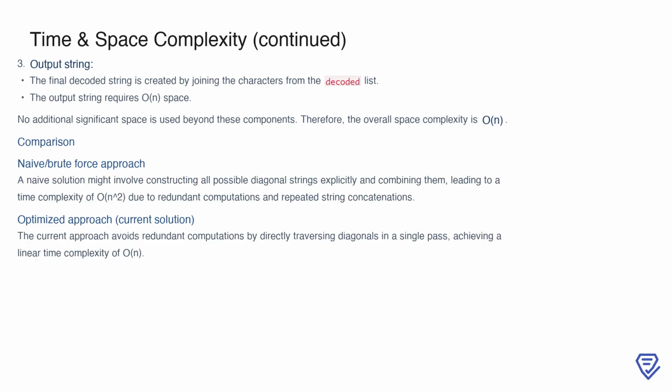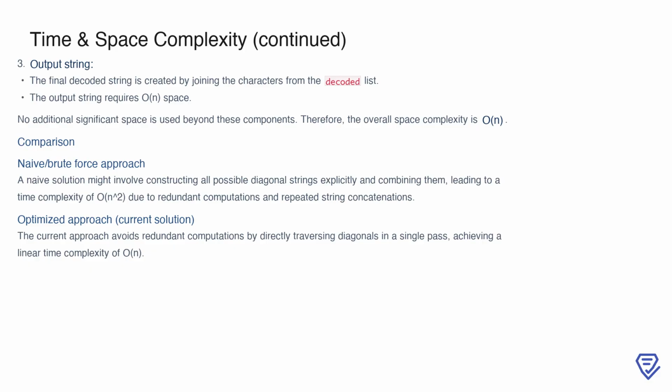Finally, the output string is created by joining the characters stored in the decoded list. This requires O(n) space, as the size of the output string is proportional to the length of the input. No other significant memory is used beyond the grid, the decoded list, and the output string. Therefore, the overall space complexity of the algorithm is O(n).